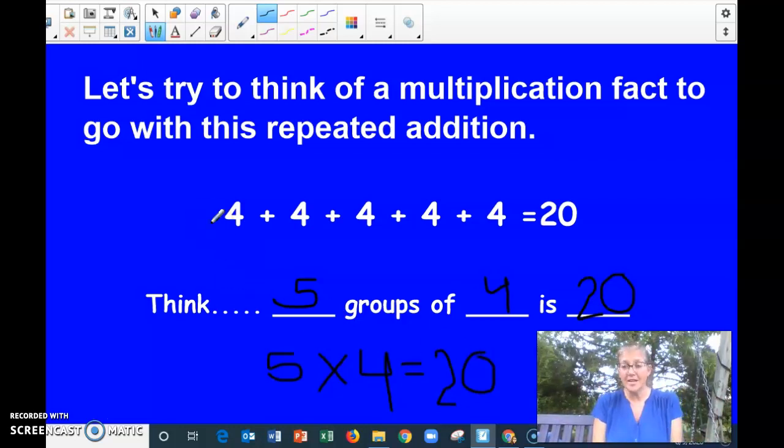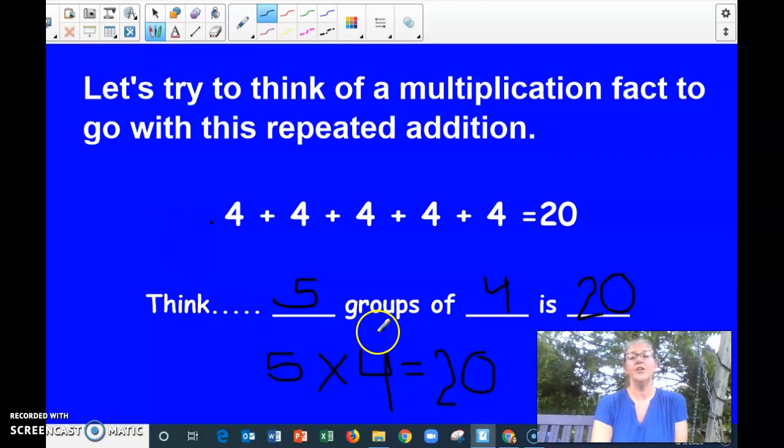Now, when I say multiplication fact, what I mean is whenever you multiply 2 numbers together, and both of those numbers are 1-digit numbers. So it's not 15 or 25 or 50, it's 5.